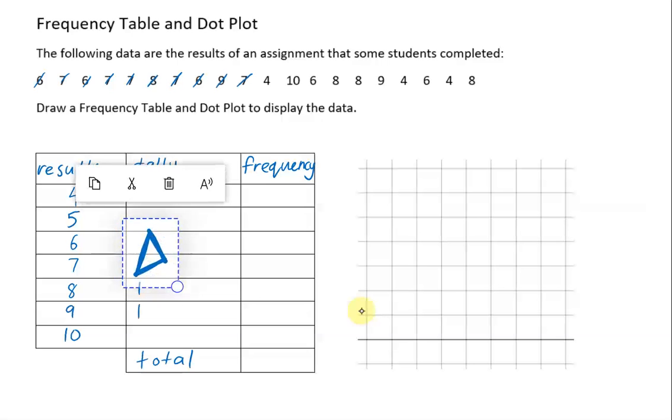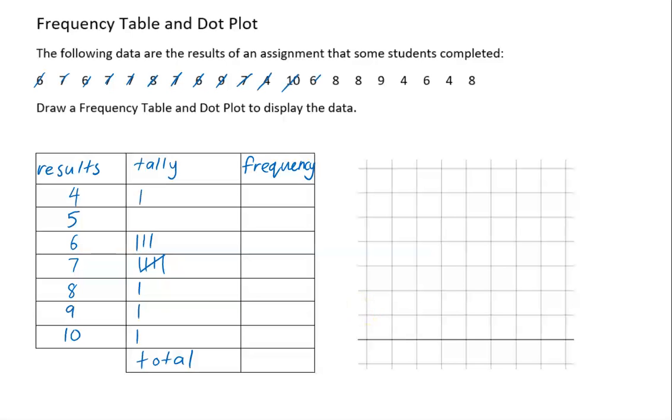Let's fix up that tally. 1, 2, 3 6s, 1, 2, 3, 4, 5 7s. That looks about right. And you can check it when you're doing your version of this. Next value is a 4, a 10, 6, 2 8s, 9, 4, 6, 4, and 8.